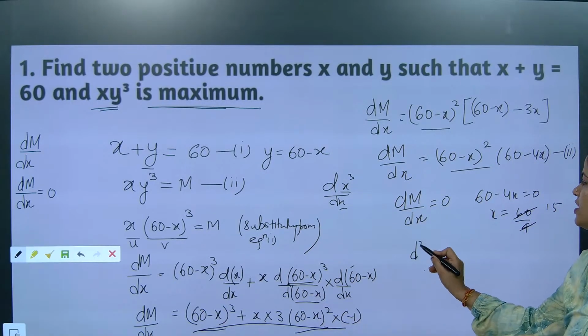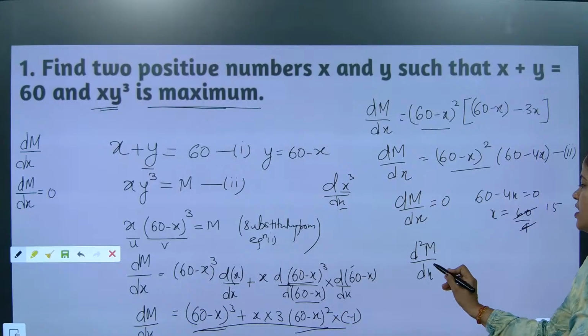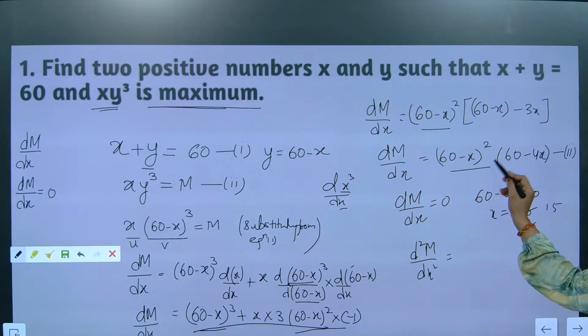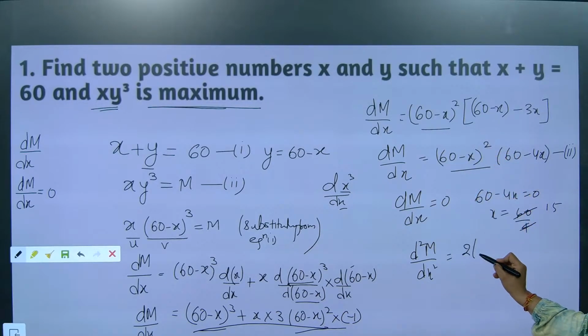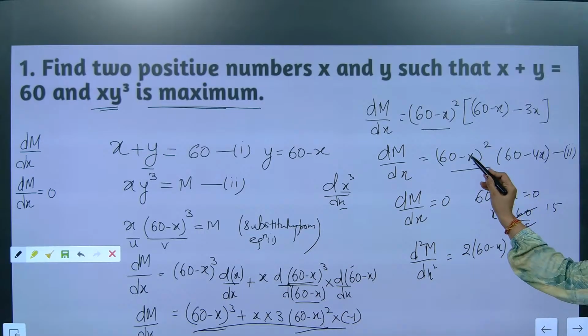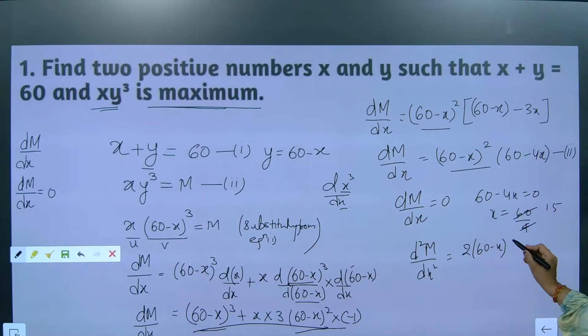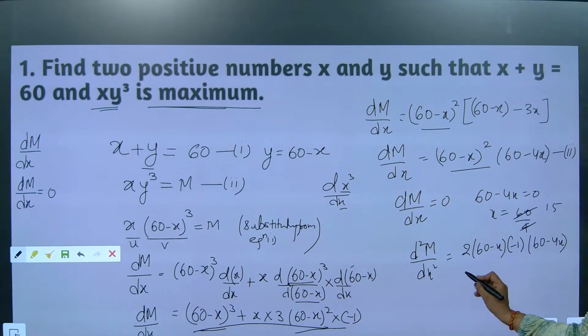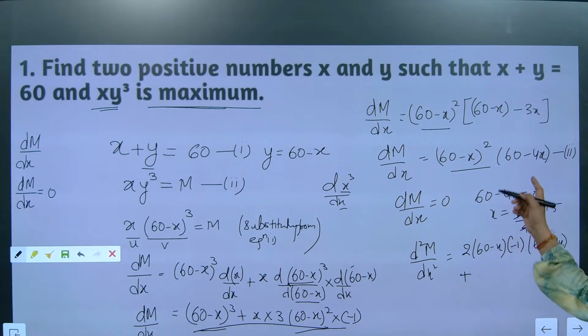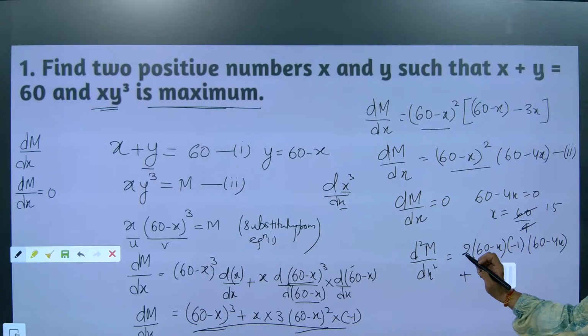So if you are doing d2m by dx square, what will it become? This part differentiation will become 2 into 60 minus x, and the differentiation of minus x will give minus 1, and 60 minus 4x will be kept as it is. Next, 60 minus 4x will be differentiated.